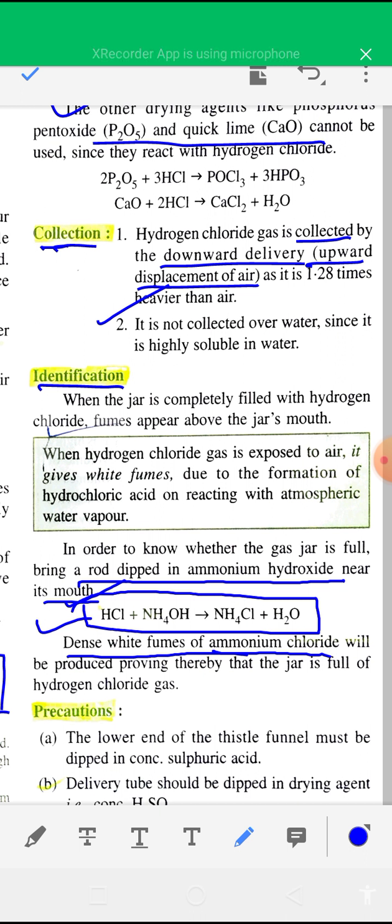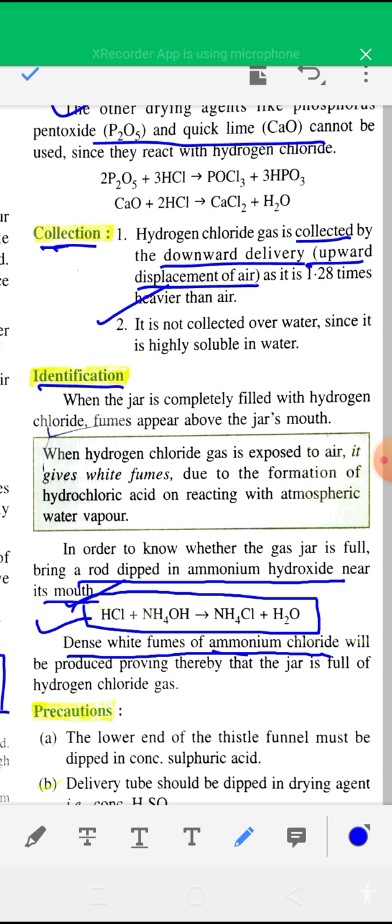It is confirmed if dense white fume is observed. So this is an identification test for hydrogen chloride gas. Remember the test. Hydrogen chloride forms dense white fumes when it comes in contact with ammonium hydroxide, due to formation of solid ammonium chloride.